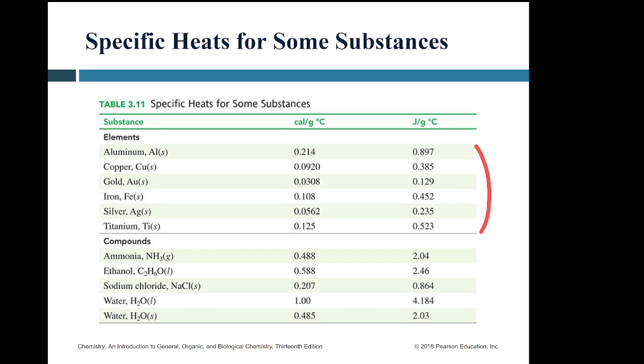Yeah. Okay, so these are some different specific heats of different substances. Here we see things like aluminum, by the way. There's copper, gold. If we look into a heat handling system that dissipates heat, what do you think that's typically made out of? So over here, we see these numbers here. That's water, for example.